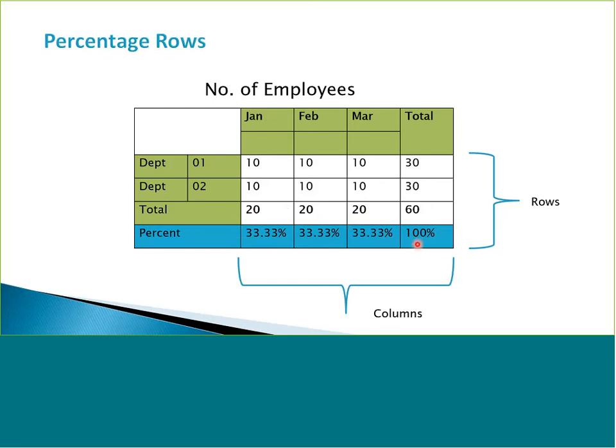We also need to tell Oracle that this percent row is going to display percentage figures from this total row. Okay. So we have two types of data, but the concept is the same. Okay. So let's go to Oracle and take care of that.